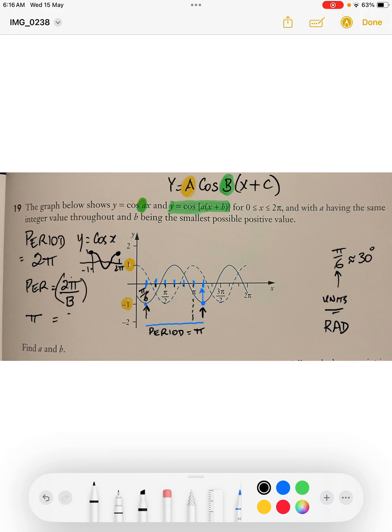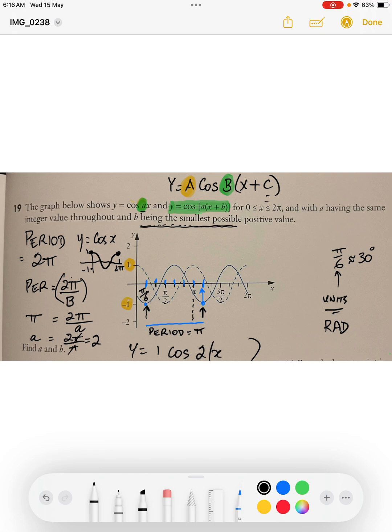The formula for period is 2 pi over b, and our b value is a. So I can bring a up here, bring the pi down here, cancel the pi. Our a value is 2. So far we know that we've got y equals 1 cos 2x plus something, and this constant is the smallest positive value.